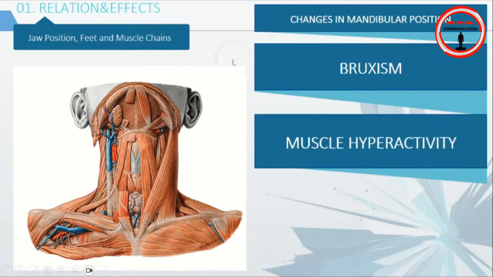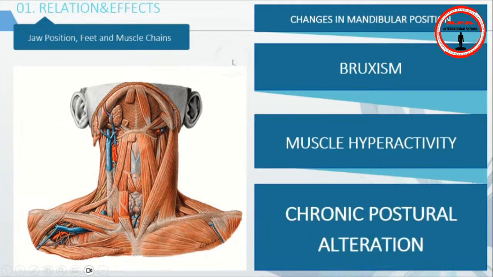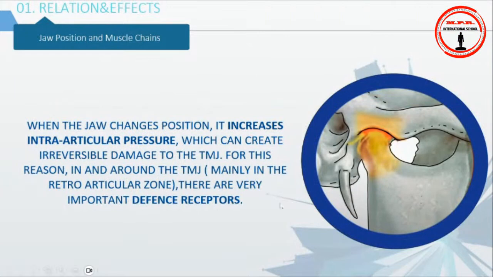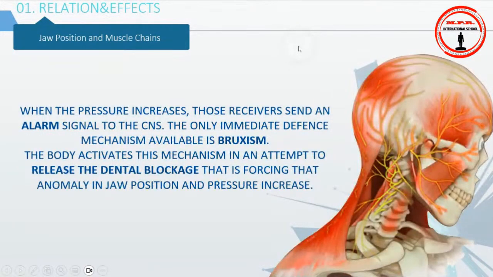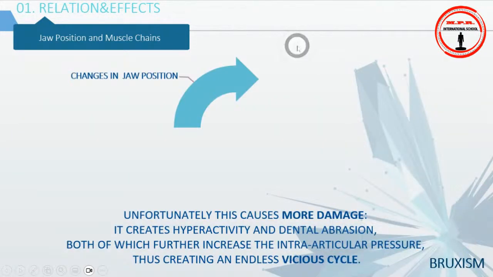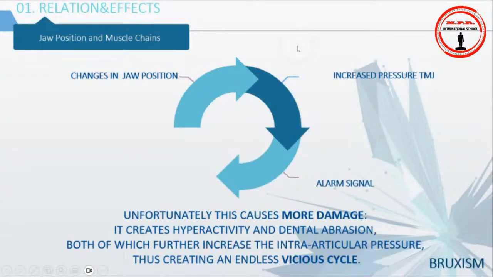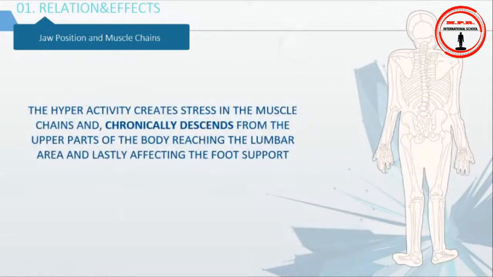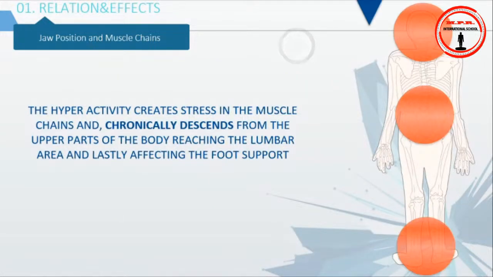Bruxism creates muscle hyperactivity, chronic pain, and postural problems. Bruxism, I will show you, is not stress. When we have increasing joint pressure here, receptors start, and the only defense is bruxism. Danger there, bruxism, a very bad defense. That is changing your position, increasing the TMJs, alarm, bruxism. Bruxism is creating a lot of problems with the muscles from the top to the bottom.